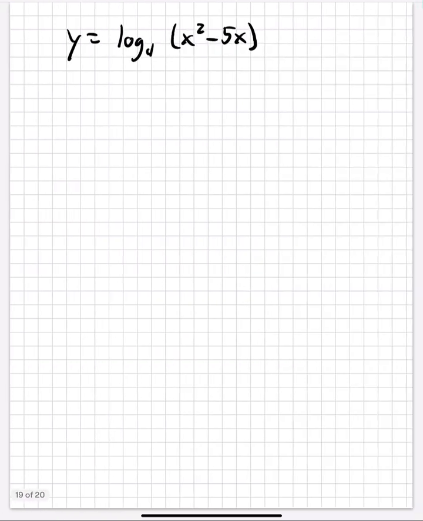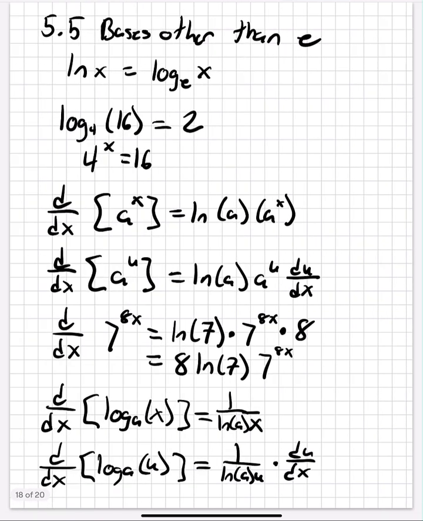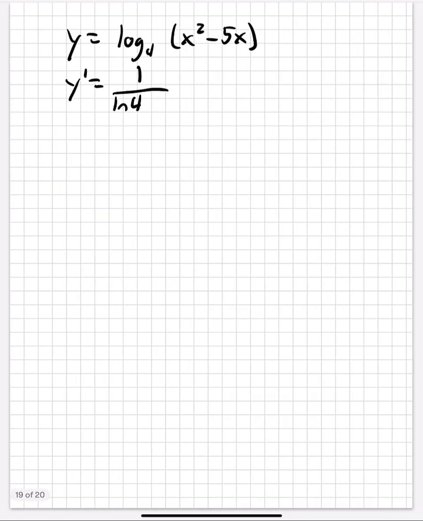To differentiate this, y prime is equal to 1 over the natural log of my a, which is 4, so the natural log of 4, times u, which is x squared minus 5x.